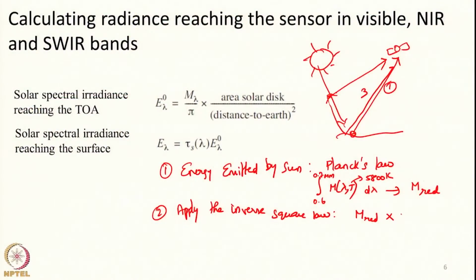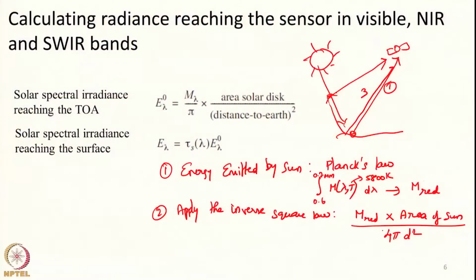But the sun is a big sphere, so we multiply this with the area of the sun and divide it by 4 pi d square. This also we have done, and if you remember, using this we calculated what is known as the solar constant, 1368 watt per meter square of radiant flux density.